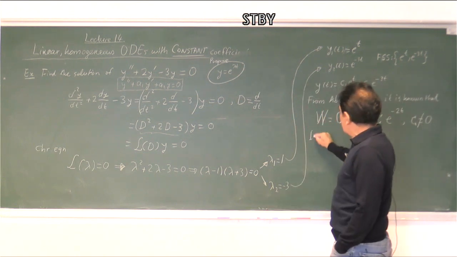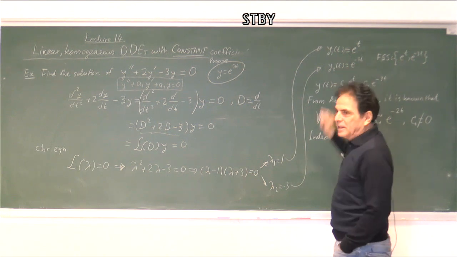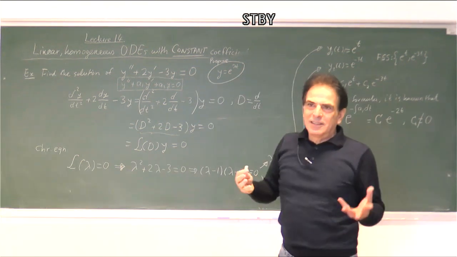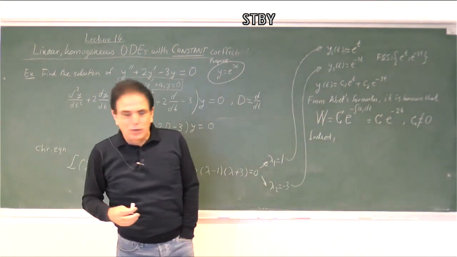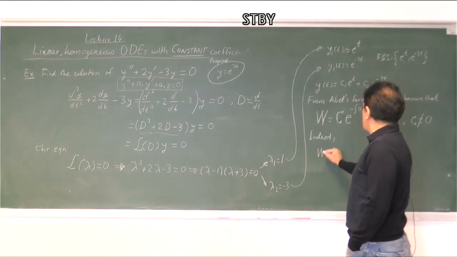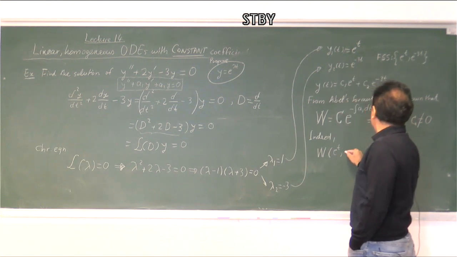Actually, look, indeed, now we have explicitly the two solutions, so we can verify that the form suggested by Abel's formula is indeed true. Let's find the Wronski determinant of the two solutions, e to power t, e to power minus 3t.